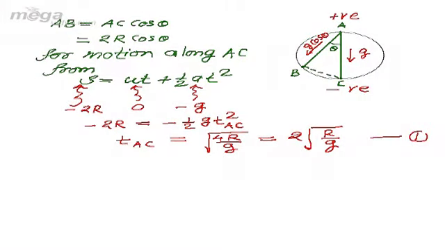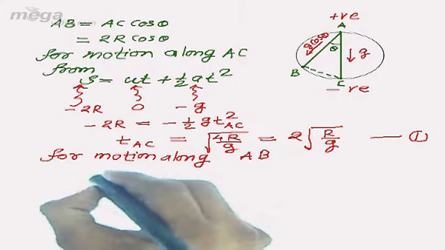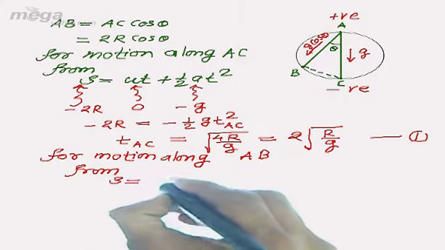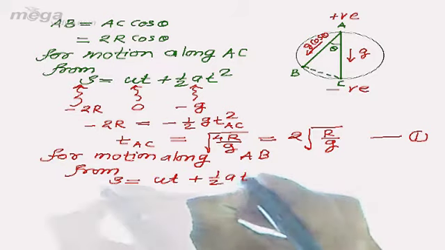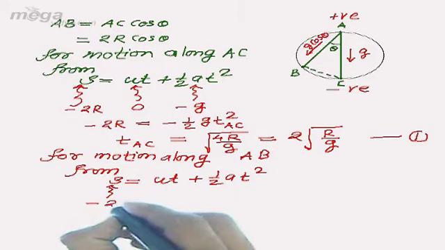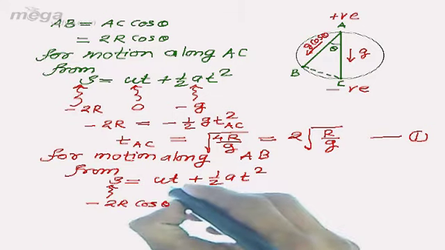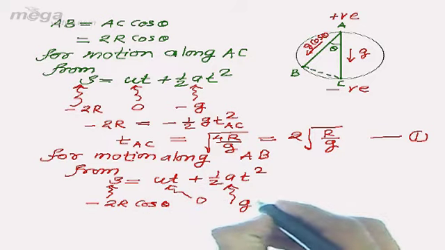And if we talk about motion along AB, then from S equal to ut plus half at square, again S here becomes minus 2r cos theta, u is 0, a is g cos theta here.